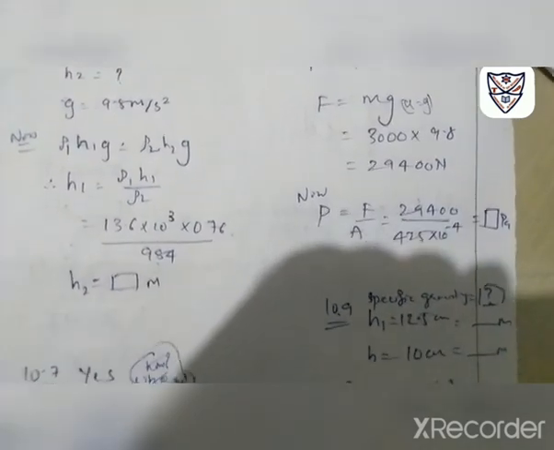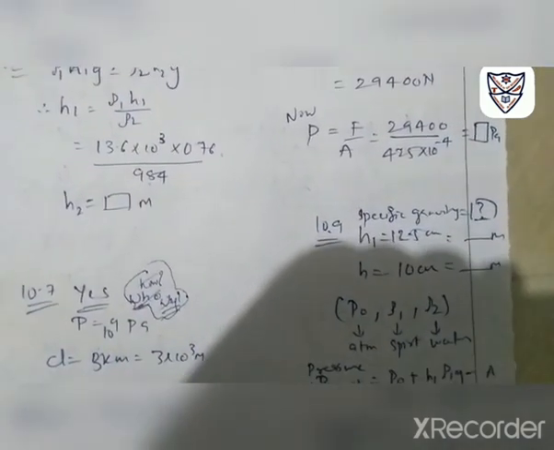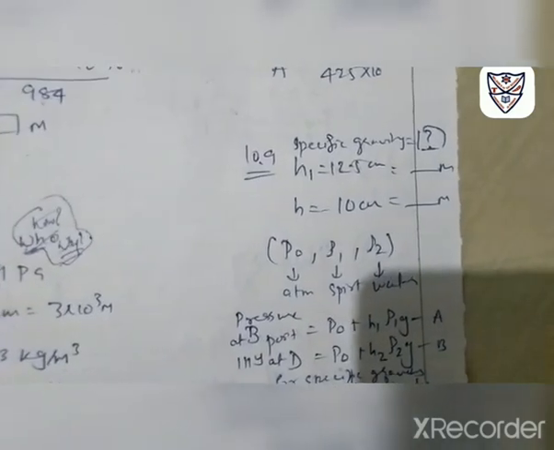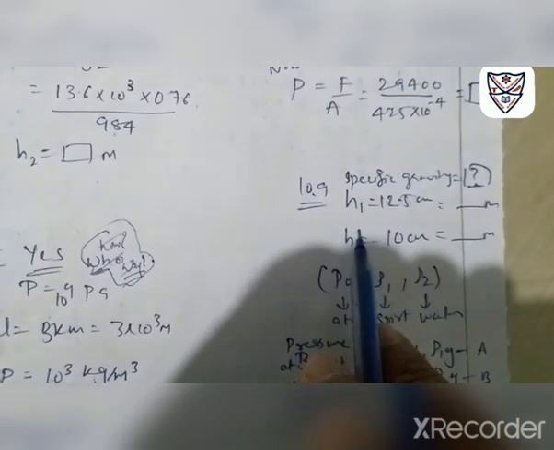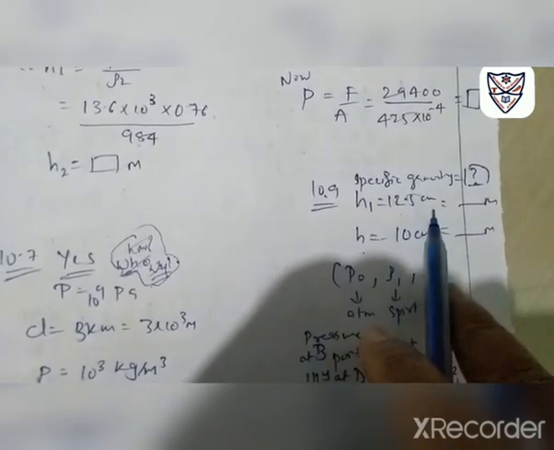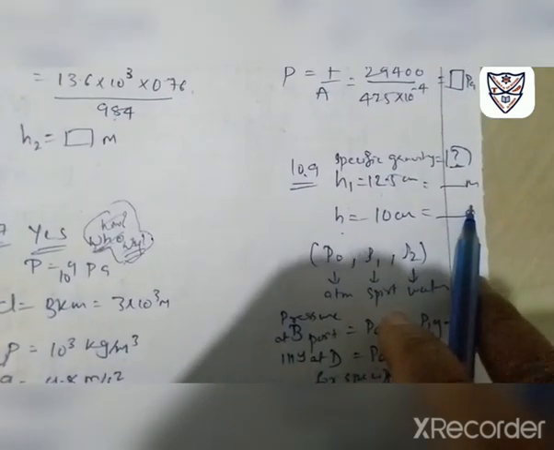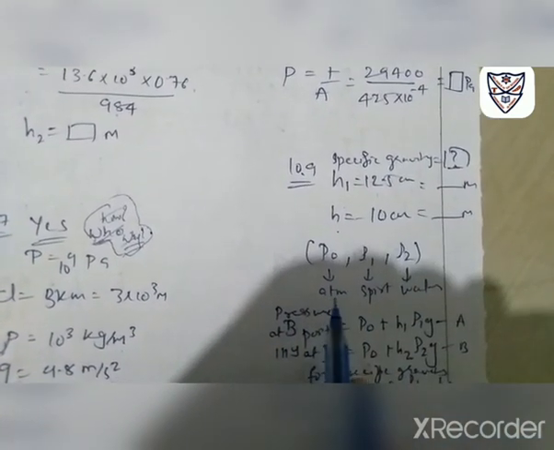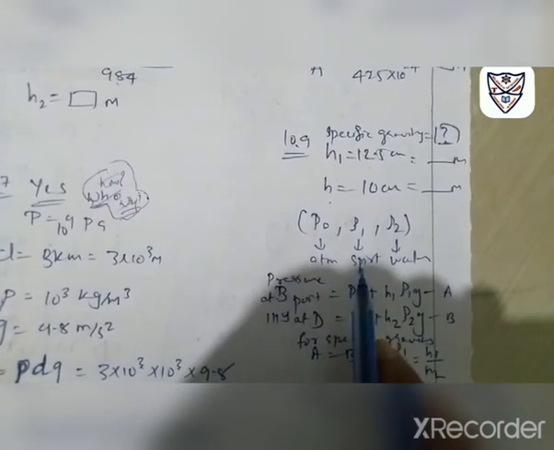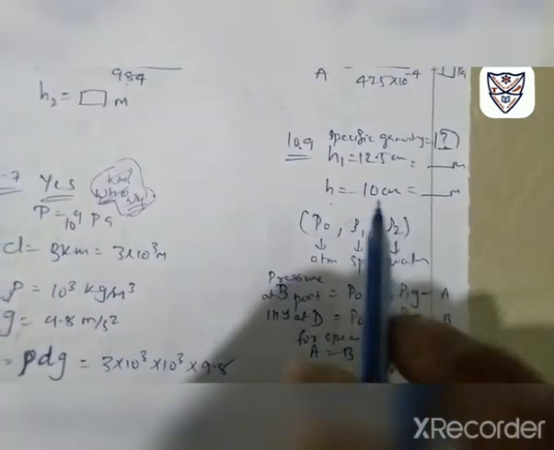Okay. Now for the next one, I want you to read the question carefully and understand it, where they have given you the height of one object and another condition in centimeter. First of all, convert it into meters. I am considering P0 as atmosphere, ρ1 for the spirit and ρ2 for the water.